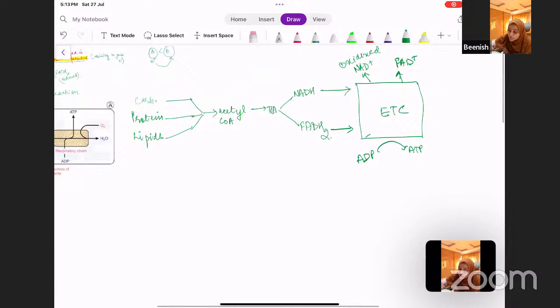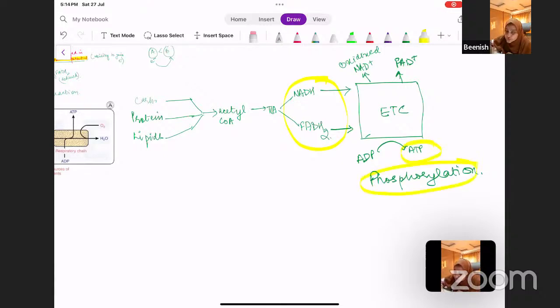So you see, on one end there is oxidation happening, and on the other end there is also phosphorylation taking place. So this is known as oxidative phosphorylation. Okay, so there is oxidation of reducing equivalents here. And also this is coupled with phosphorylation, that is generation of ATP. Okay, so we say oxidation is coupled with phosphorylation. Therefore electron transport chain is oxidative phosphorylation.